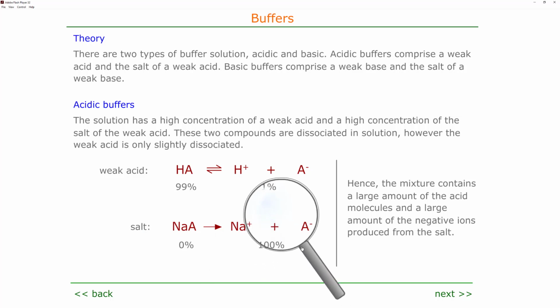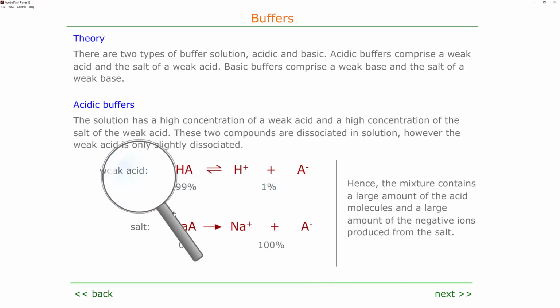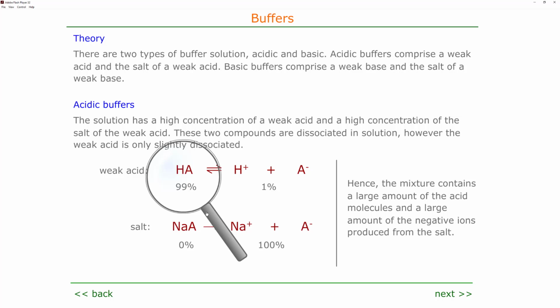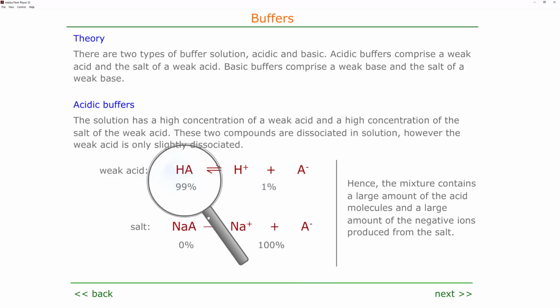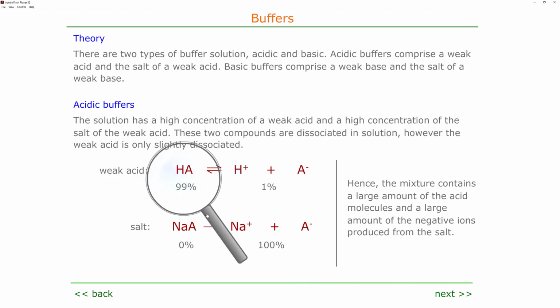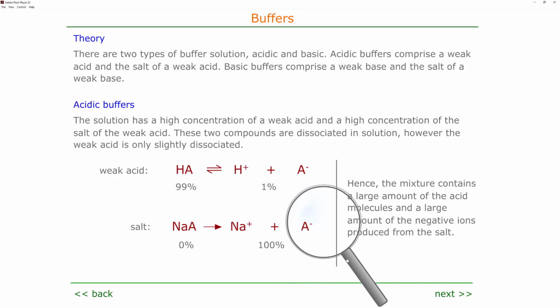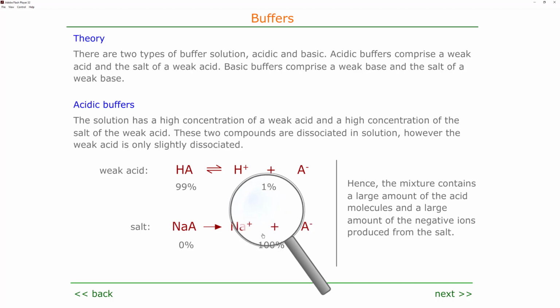Well, the consequence is that in our buffer solution, our acidic buffer, we have a large amount of the ethanoic acid and we have a large amount of the ethanoate ions. So the buffer mixture contains these two species, ethanoic acid, the weak acid, and the ion, the conjugate base of the weak acid, in large quantities.